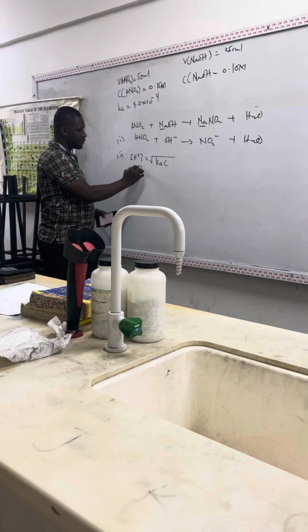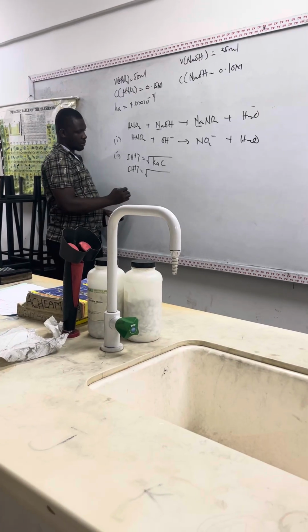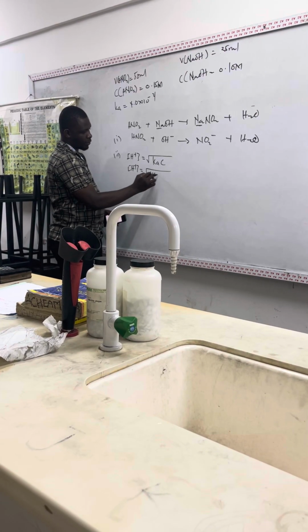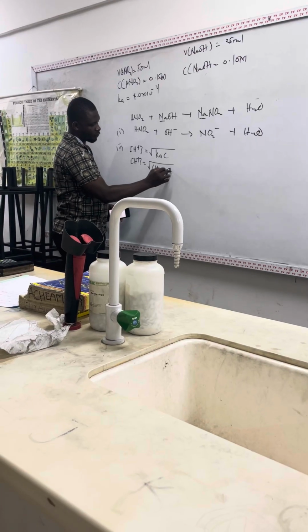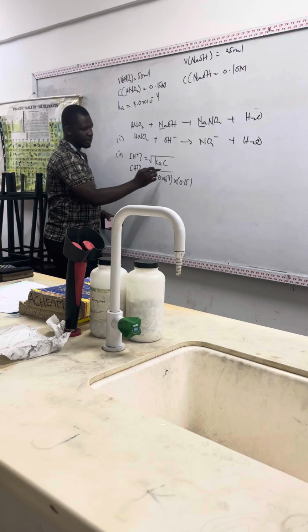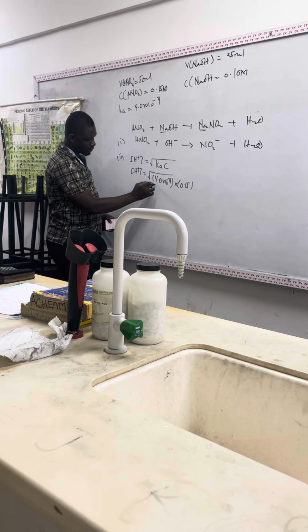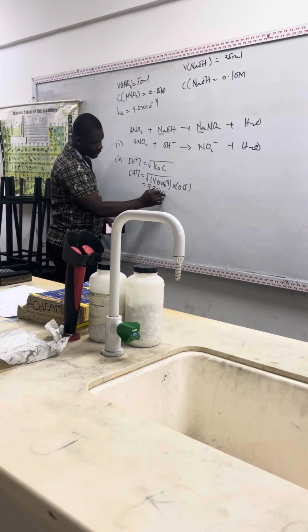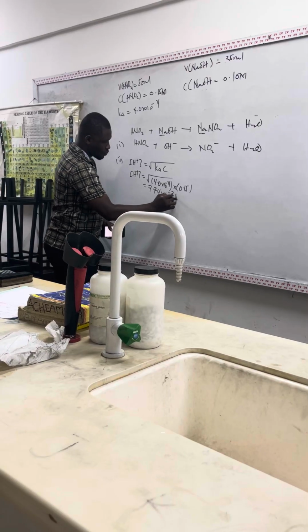So the concentration will be 4.0 by 10 to the power negative 4 times 0.15, which should give us something around 7.74 by 10 to the power negative 3 molar.